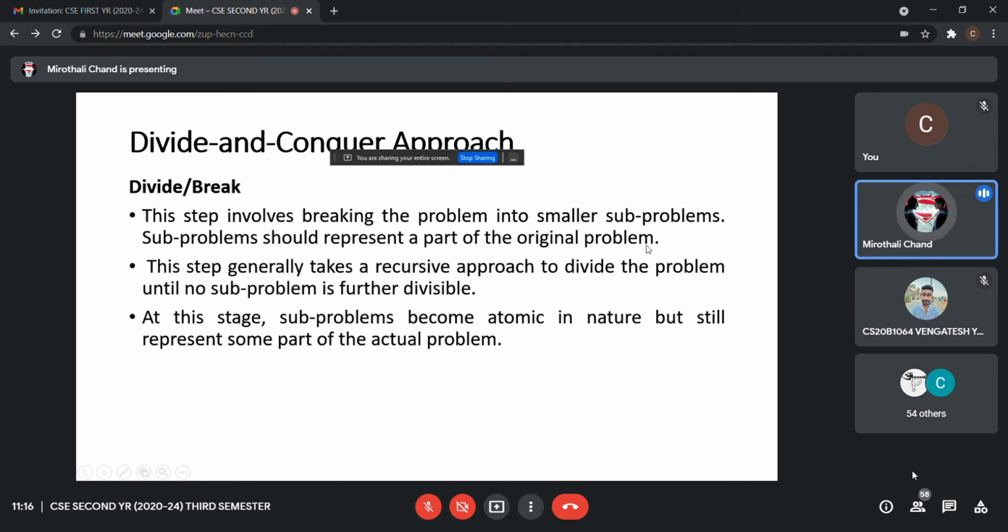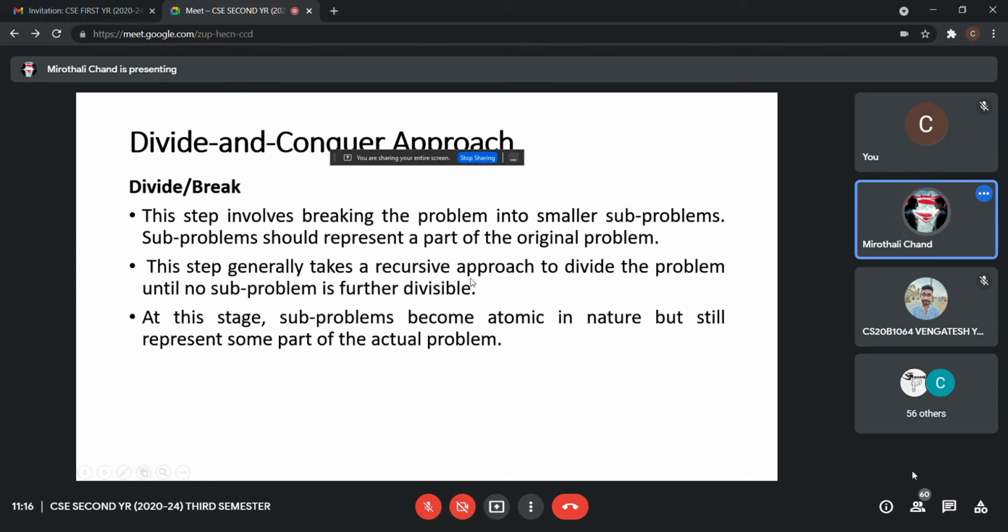These subproblems must represent a part of the original problem so that it does not go away from the original logic of the problem. Like if you are taking any math related problem, say addition or multiplication, the subproblems must be related to those operations, and must not deviate from the original problem.